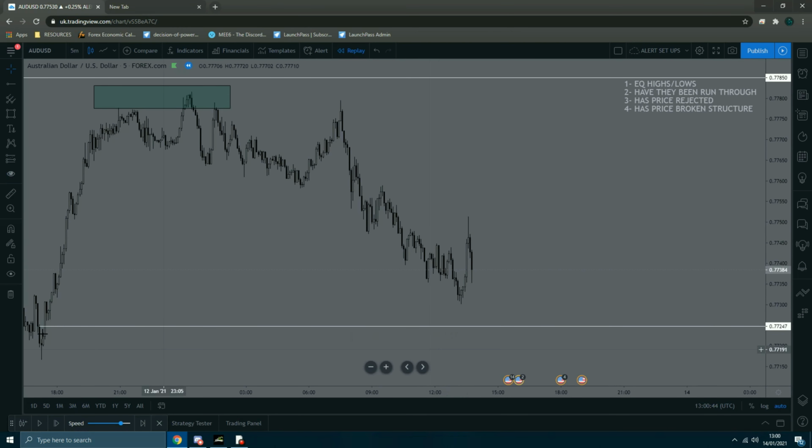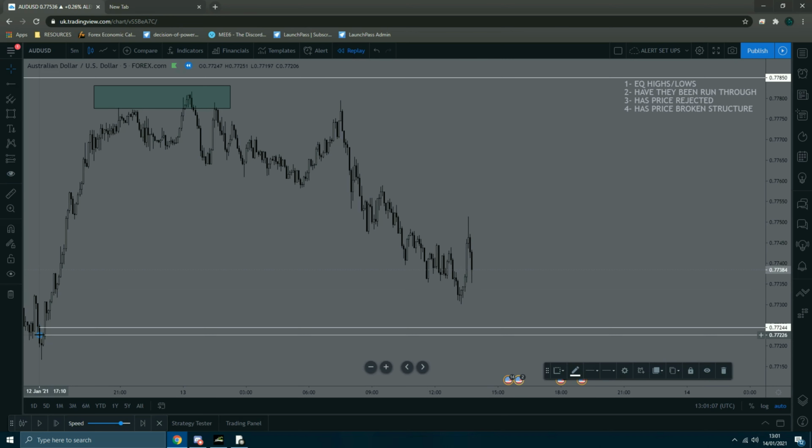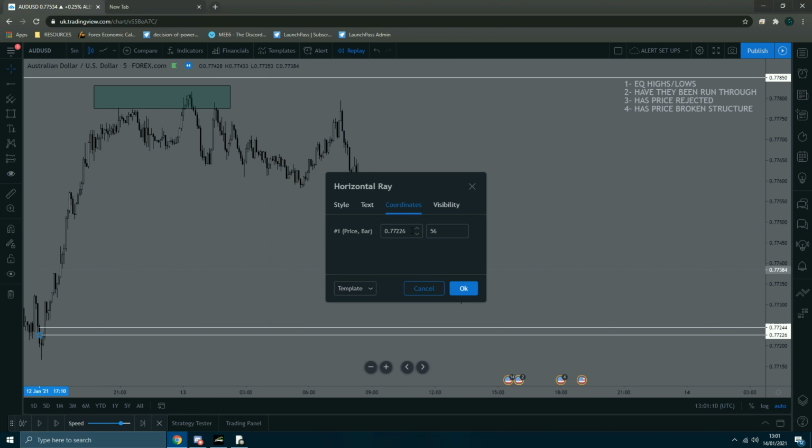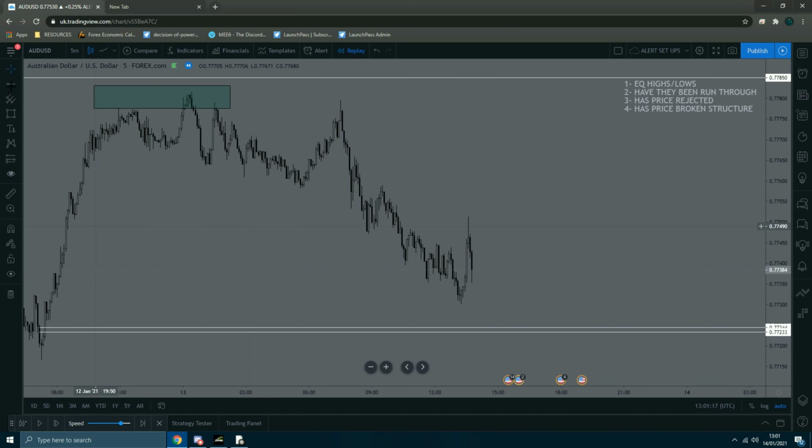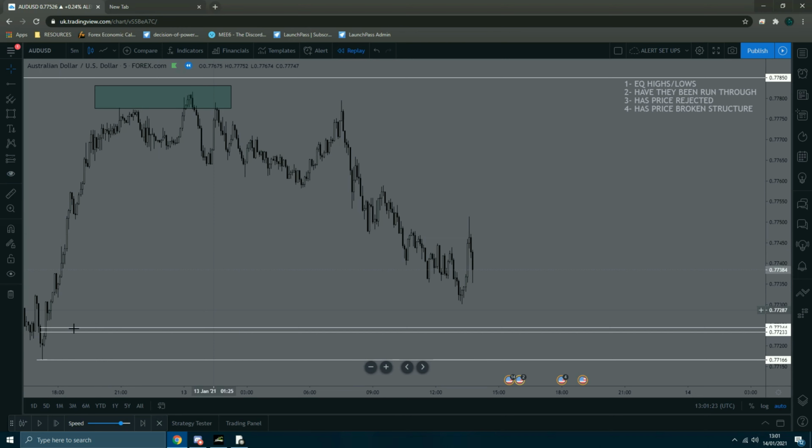And then the other entry is 77233. And then the original stop was sitting at that wick right there. So we've got our area of interest where we're looking to get in, which is this down candle before the up move. We've got our targets up here.